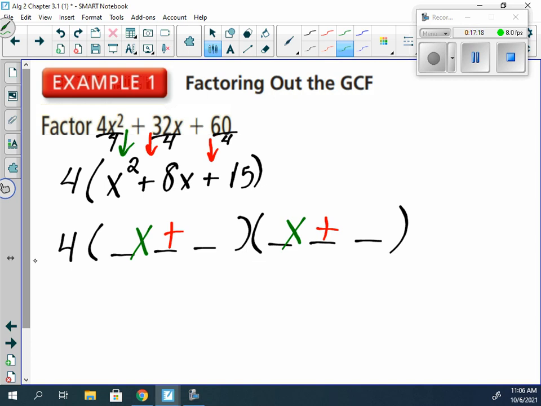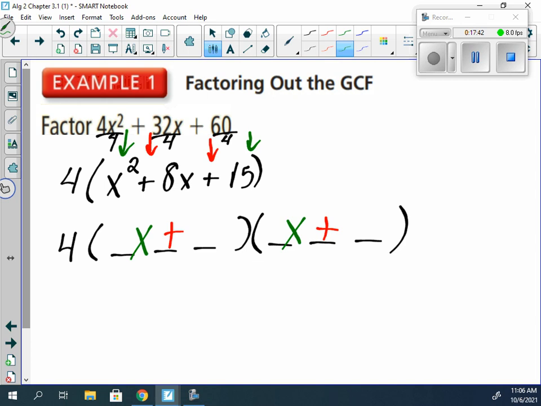Now, do we need to plug it in the exact proper order at this point? What's our last step? Plug and check, yes? So even if I do not put it in the right order at this point, we're going to check it, and if it's wrong, we can fix it. So having it in the exact right order at this point is not a big deal.